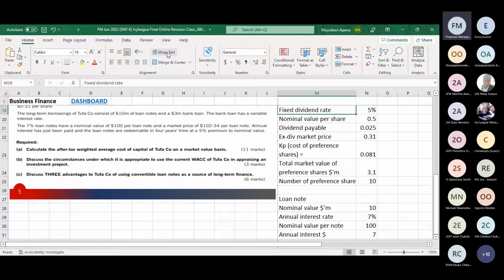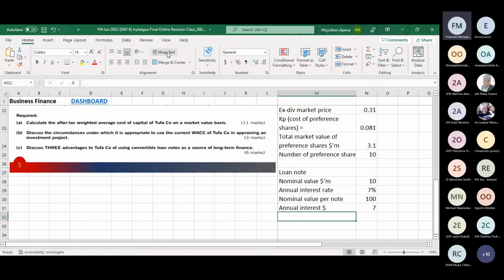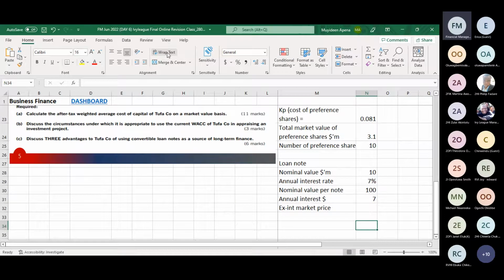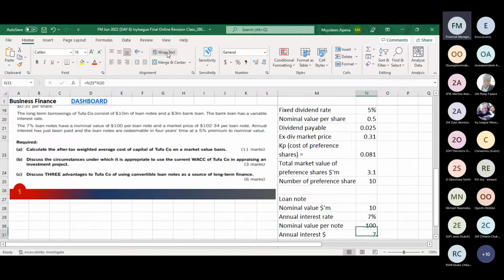Please take note of that. But we are told that the annual interest has just been paid. So it means the market price given to us is an ex-interest market price, which is what we need. Okay? I hope you are taking note of that. Ex-interest market price is what is given to us, even though it's not expressly stated. It is that statement of interest has just been paid that explains that. So 102.34.